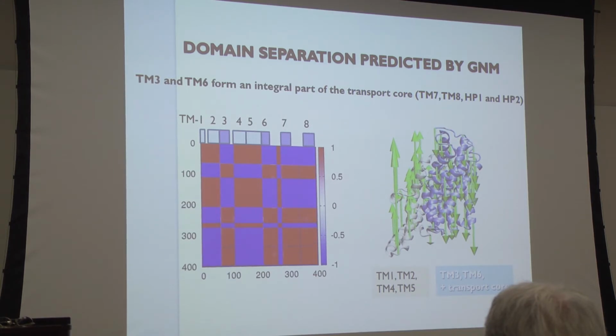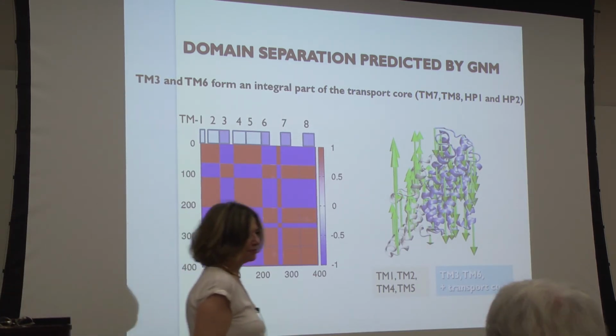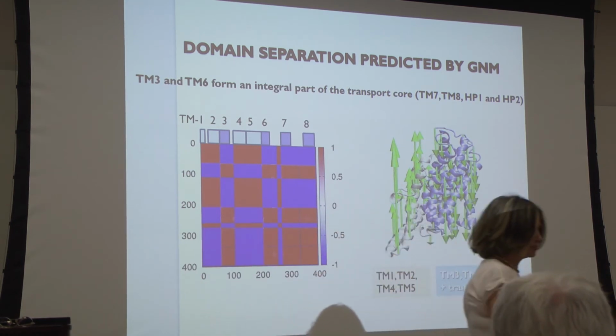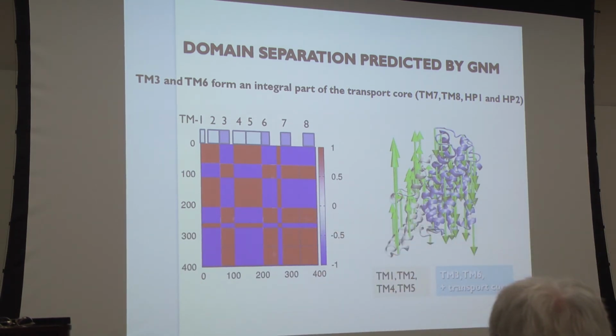Sorry. So this was calculated by GNM, right? This was GNM, yeah. But you can calculate it by ANM too. I like GNM better whenever I can use it because it is simpler.